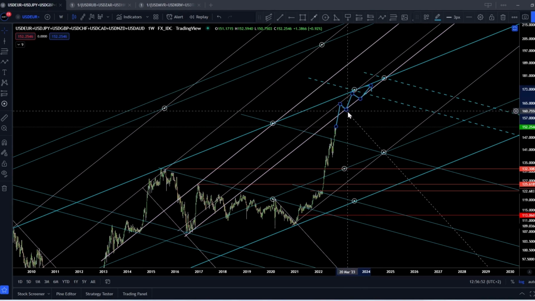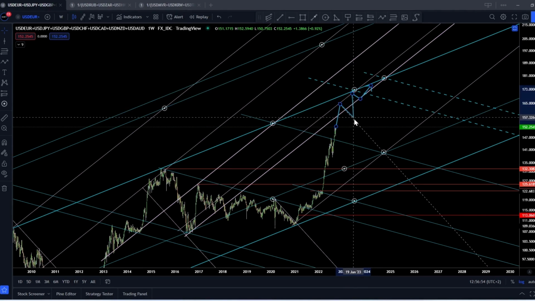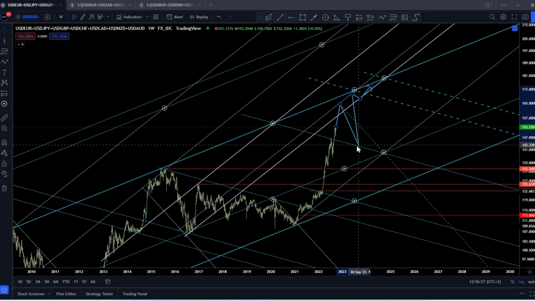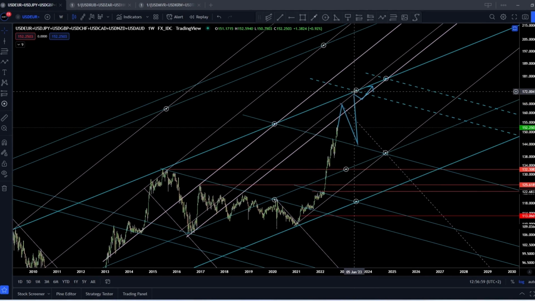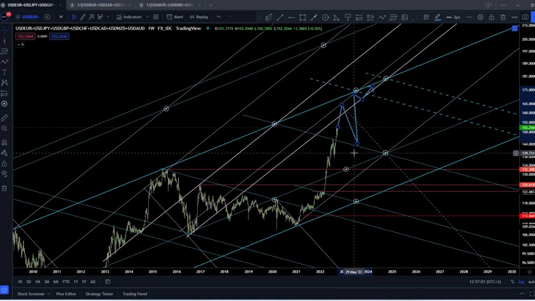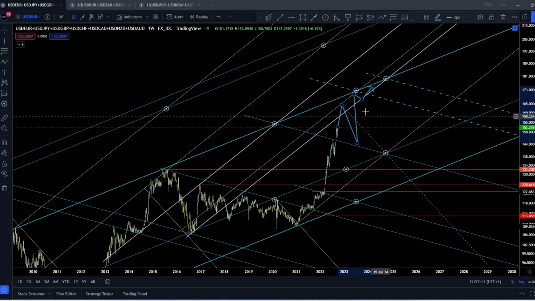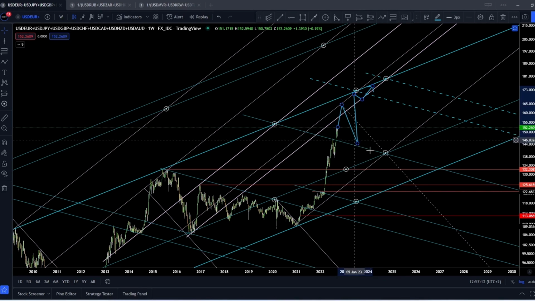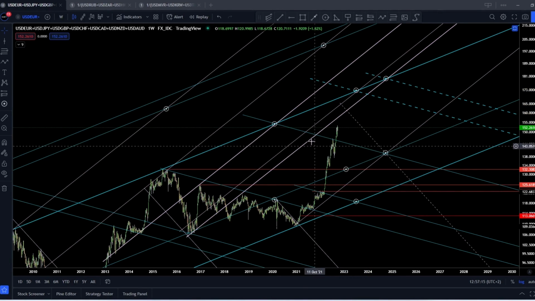We could do that, but we can also leave that area and go to find some sort of support on lower levels, like we said. But basically, any dip within this area is a buying opportunity in the long run, and I would use this area here only for longs.